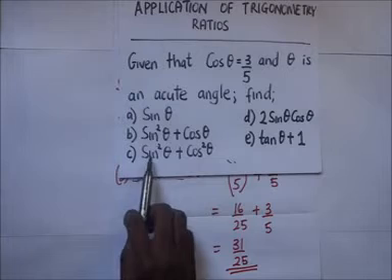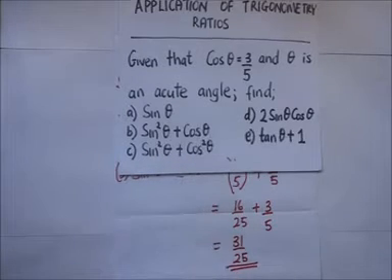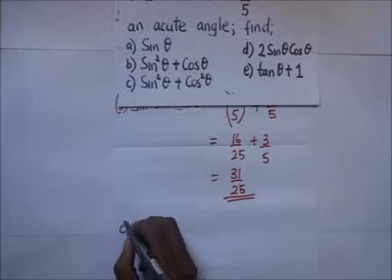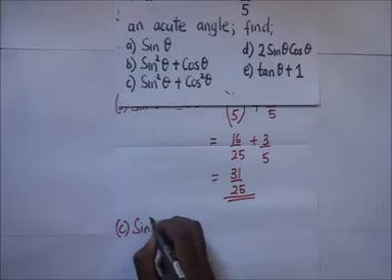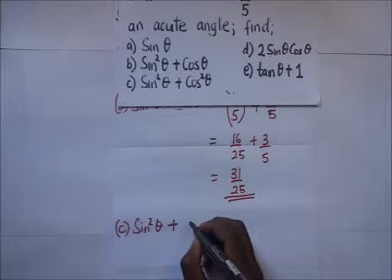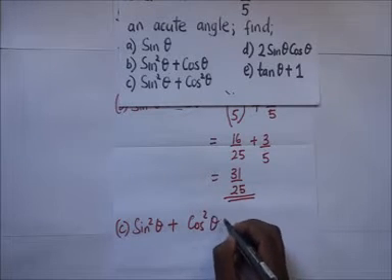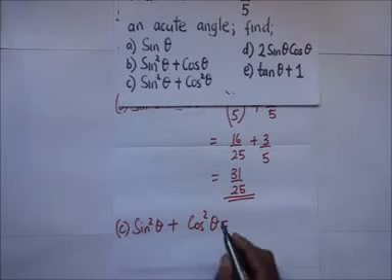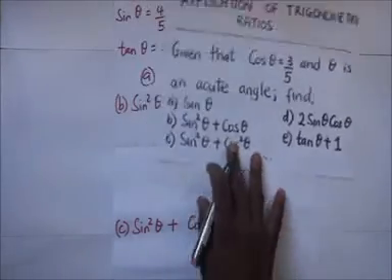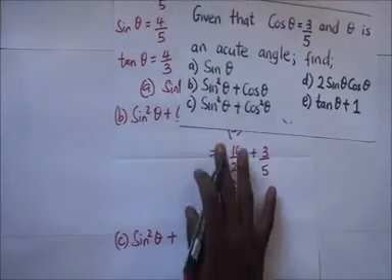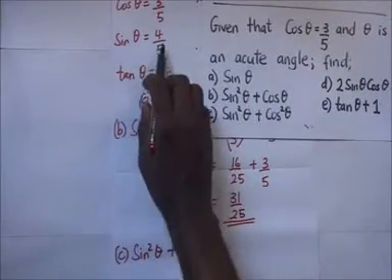It's requiring us to find sine squared theta plus cos squared theta. Part C, sine squared theta plus cosine squared theta. That's going to be equal to, now sine squared theta, we already got our sine. The sine of theta is 4 over 5.